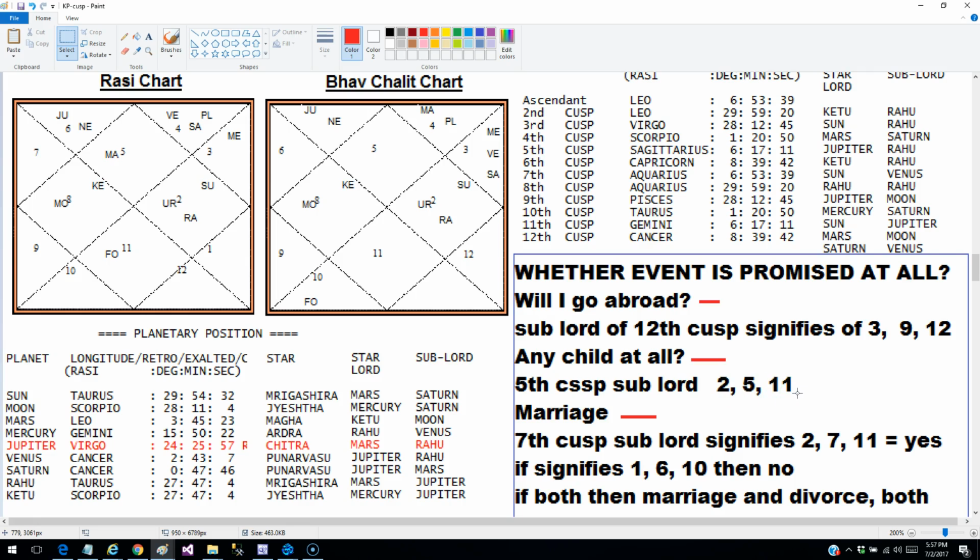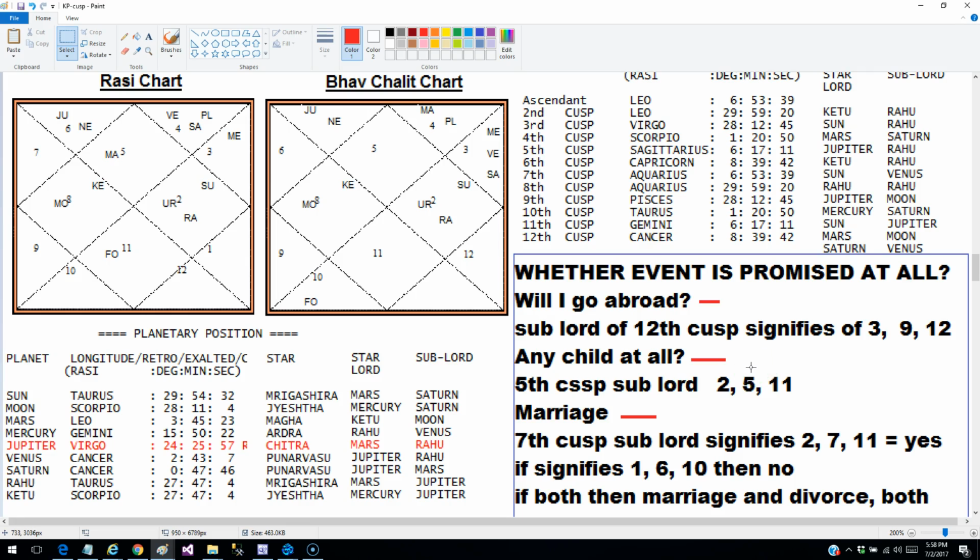So the first step is to find out whether an event is promised or not. Yes and no, black and white, categorically, you have to see whether that event is promised or not at all. This is a very significant finding of Krishnamurti about the cuspal sublords, and the rules are universal.